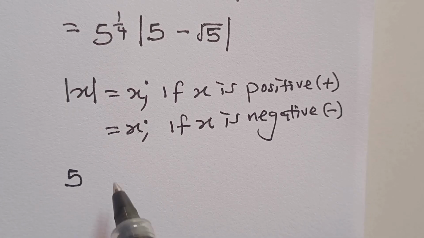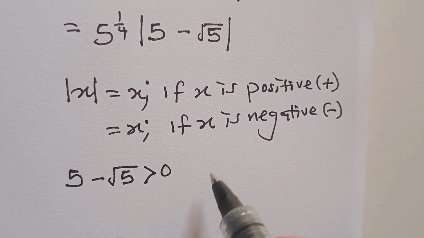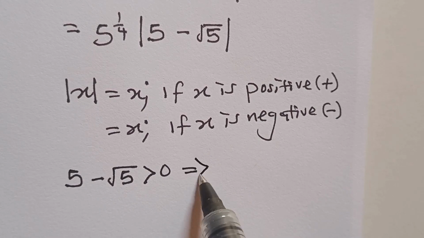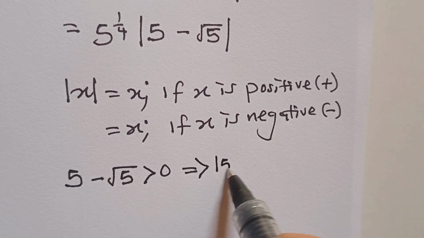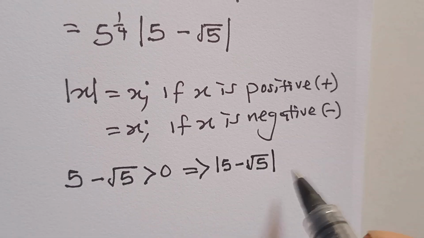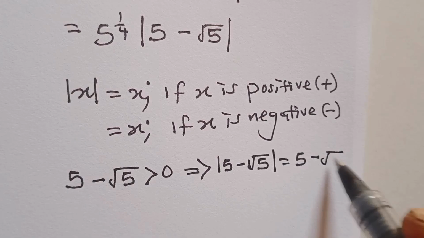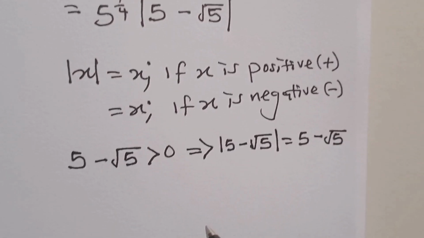So therefore, 5 minus square root of 5 is greater than 0. This implies that absolute value of 5 minus square root of 5 is now equal to 5 minus square root of 5 because it's greater than 0.